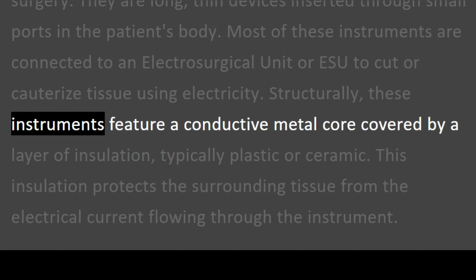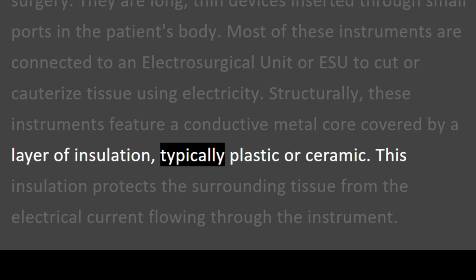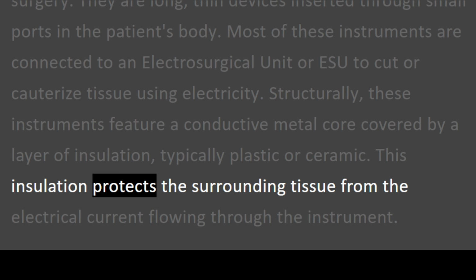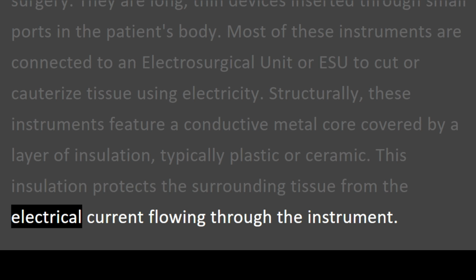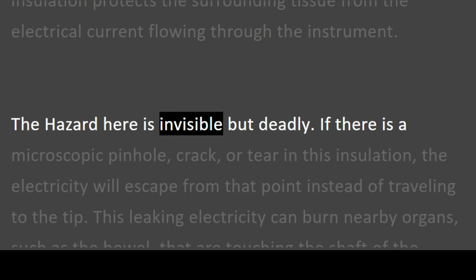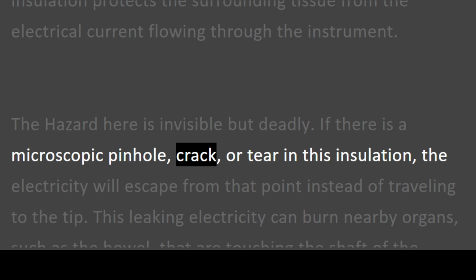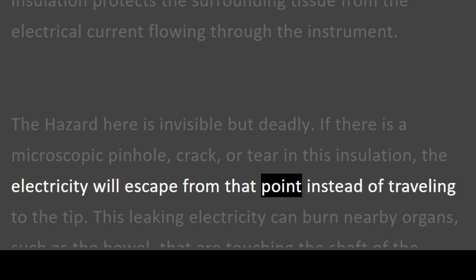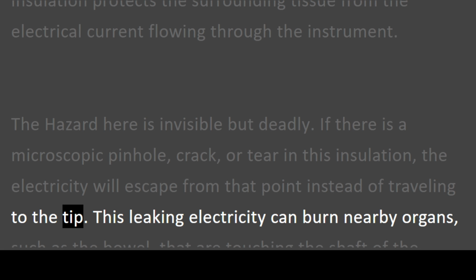Structurally, these instruments feature a conductive metal core covered by a layer of insulation, typically plastic or ceramic. This insulation protects the surrounding tissue from the electrical current flowing through the instrument. The hazard here is invisible but deadly. If there is a microscopic pinhole, crack, or tear in this insulation, the electricity will escape from that point instead of traveling to the tip.